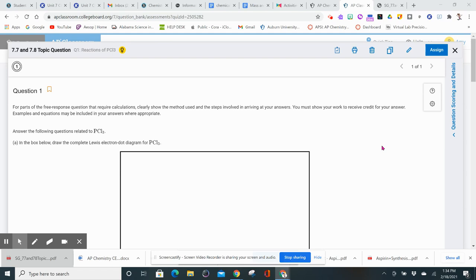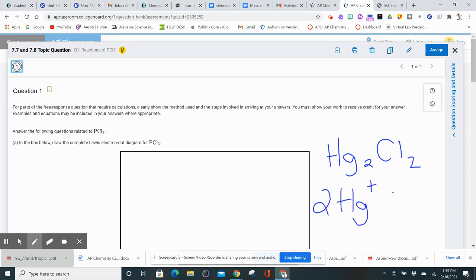If you have a subscript of 2, so if I have something like Hg2Cl2, well, if that dissolves in water, then I'm going to have 2 mercury ions and 2 chloride ions.